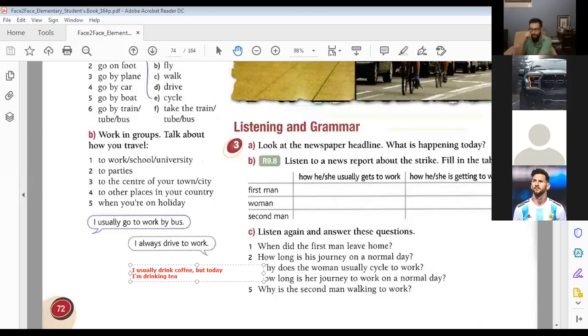Okay, I have a question. Which one is routine and which one is different here in this example? I usually drink, number one, routine. Correct. The first one is routine. I usually drink coffee. This is everyday routine. But the different part is today I'm drinking tea.